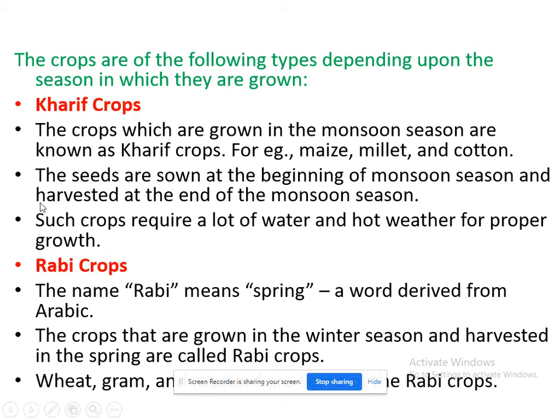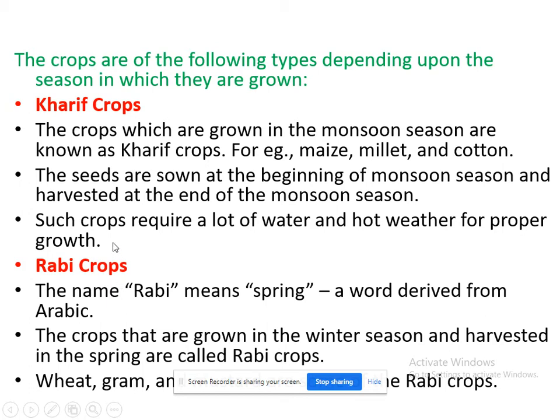So such kind of crops we call it as Rabi crops. Spring season means what here? The starting season of monsoon or the rainy season. So before rainy season starts, the season which we call as spring season, the rain will fall like a shower, not a heavy rain, sprinkled. So that is why these crops are called as spring crops or else Rabi crops.